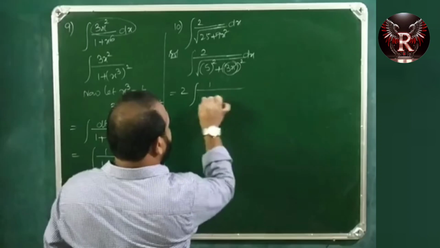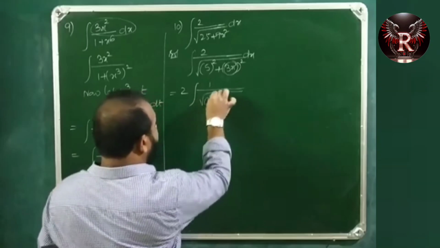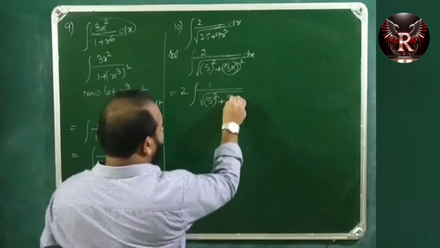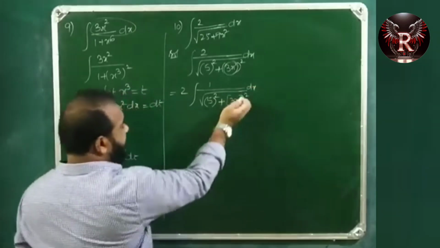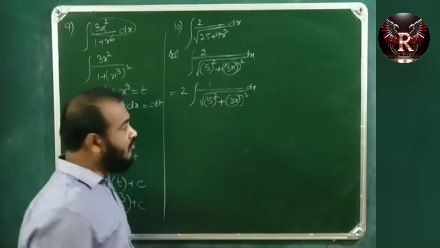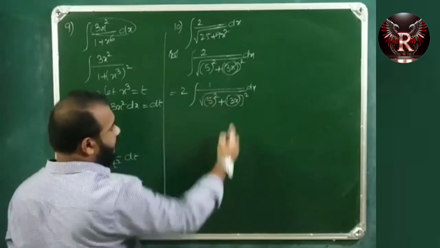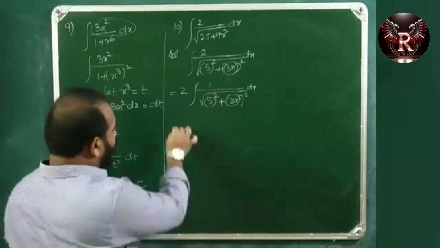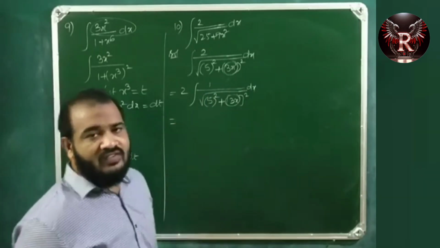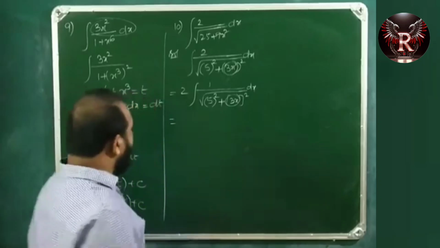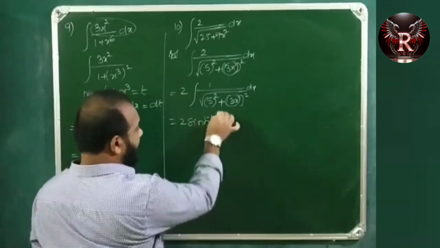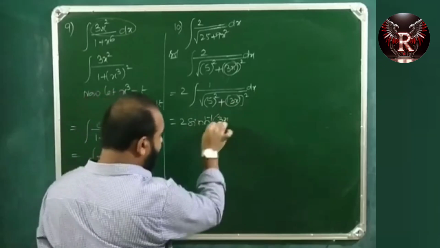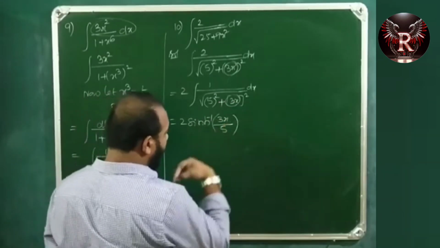Now this is 1 by root of 5 whole square plus 3x whole square dx. So the integral of 1 by root of a square plus x square dx is 2 into sin h inverse x by a, where x is 3x and a is 5.